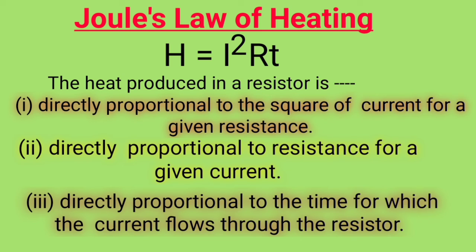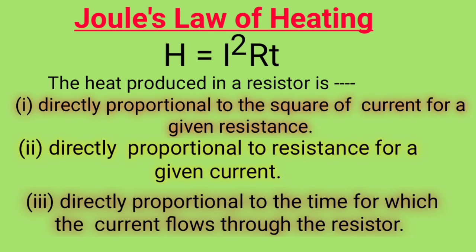So when electric current is doubled, the heat produced will get 4 times greater. If you double the electric current, the heat produced will be increased by 4 times. And next we can say the heat produced is directly proportional to resistance for a given current. If you double the resistance, the heat produced will also get doubled.